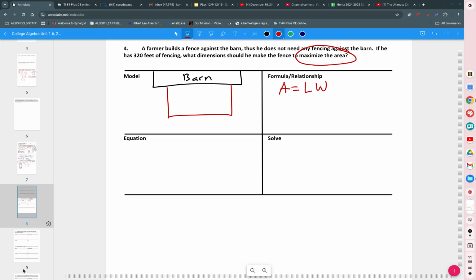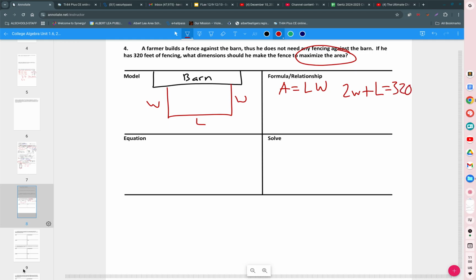Remember? 2w plus L minus length of the barn. If I have 2 widths and 1 length, that adds to the amount of fencing I'm going to use, which is 320. 320. Good job, Peyton.